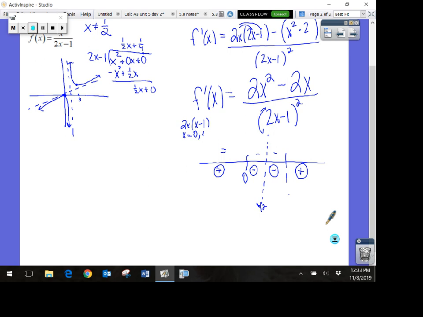So if I plug in, let's pick a number. So let's pick negative 6. If I plug in negative 6 right here, I get a negative. If I plug in negative 6 right here, I get a negative. So when I plug negative 6 in here, that gives me a positive number. All we care about is positive and negative.